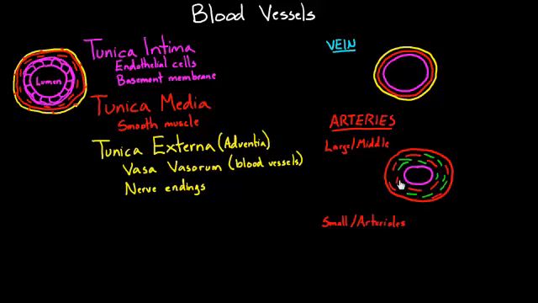And this is a protein that helps make these very elastic, right? Because they're going to have such high pressures that they have to be able to not break when these pressures are going through. So this green elastin protein helps make the arteries more elastic for high pressures.